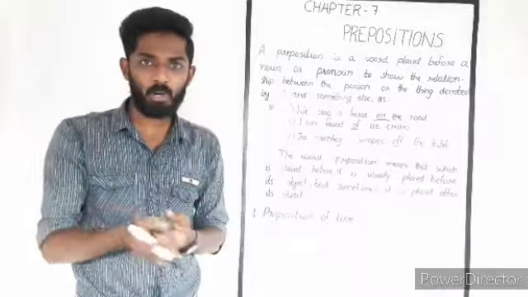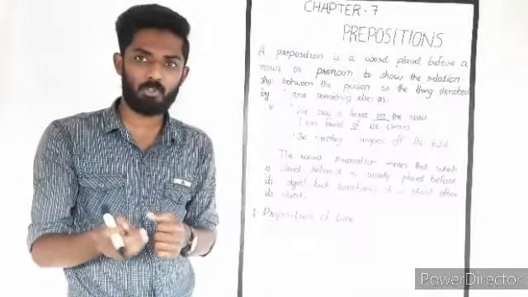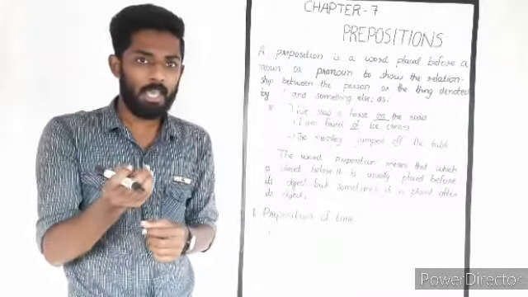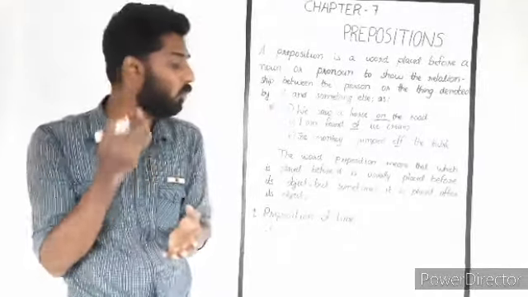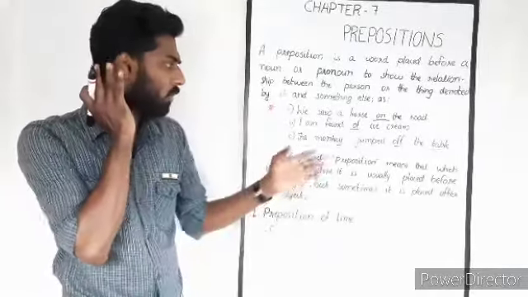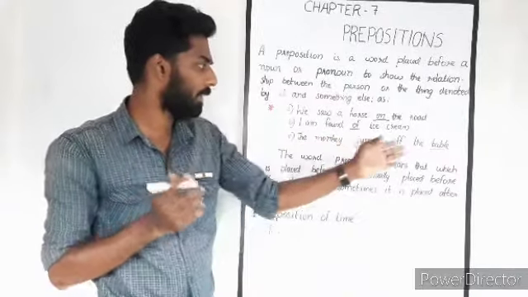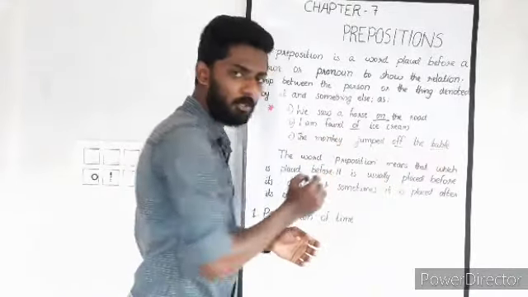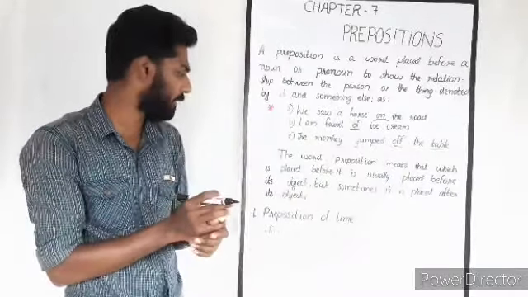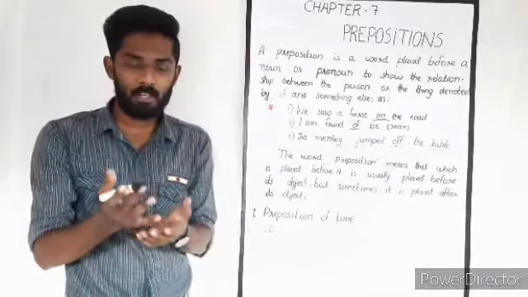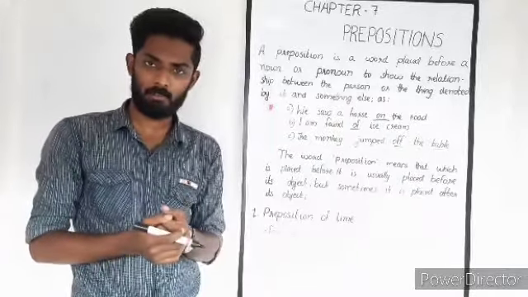The noun or pronoun which is used with a preposition is called its object. It may have more than one object. For example, they ran across the hill and the plain.